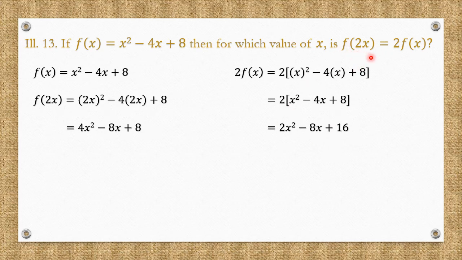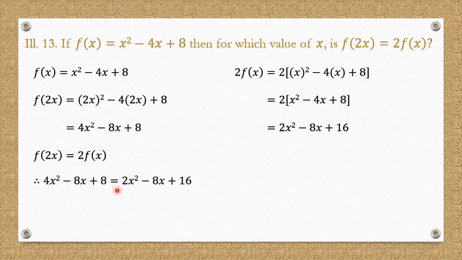Next, I have to check whether these expressions are equal or not, and because they have already told us that they are equal, I have to find the value of x. So I am going to write f(2x) is equal to 2 times f(x) and put these values here. So 4x square minus 8x plus 8 is equal to 2x square minus 8x plus 16.